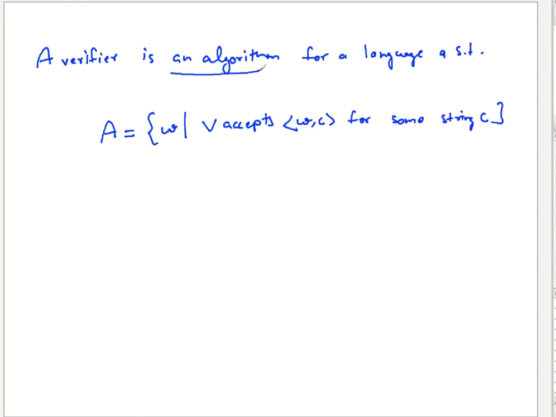When we say algorithm, here we are talking about a deterministic Turing machine.